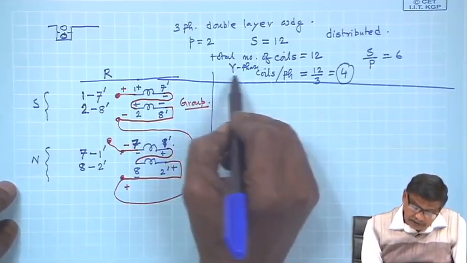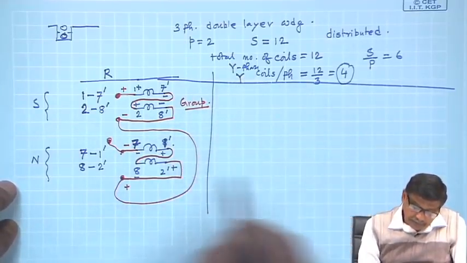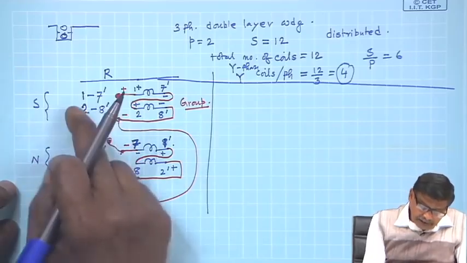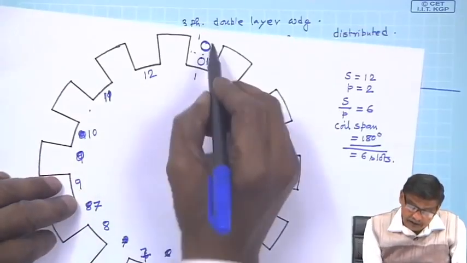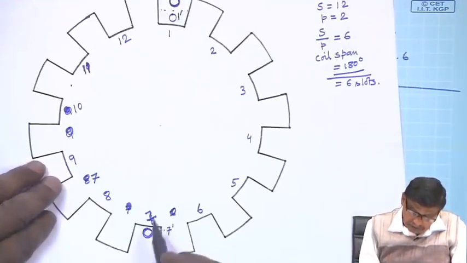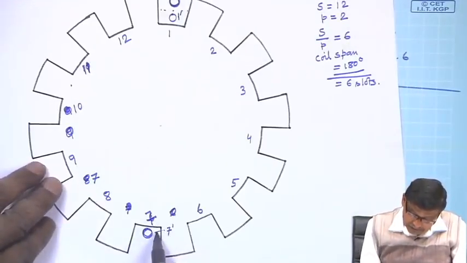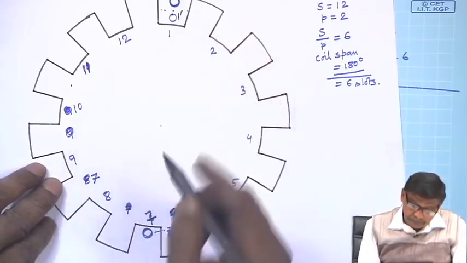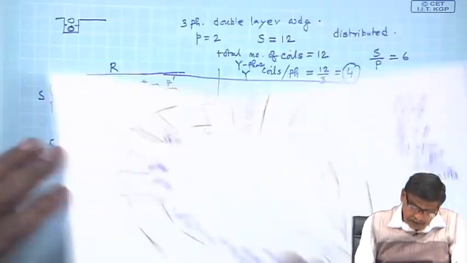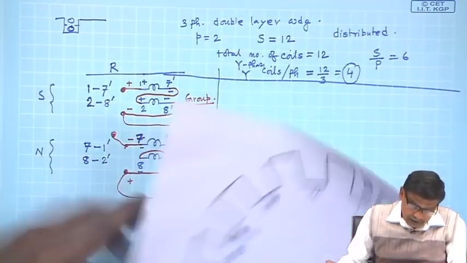This is the Y phase column. See, if this is the number of slots, you are starting your R phase coil 1 and 7 dashed. Acha, let me complete this with respect to R phase coil, where things are ultimately.